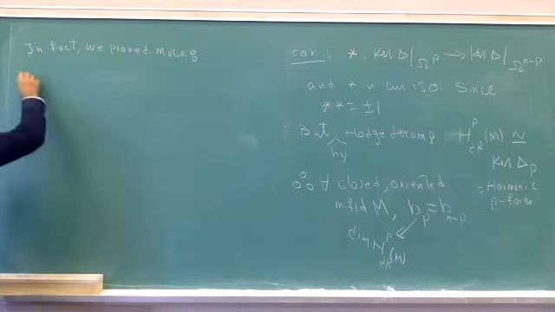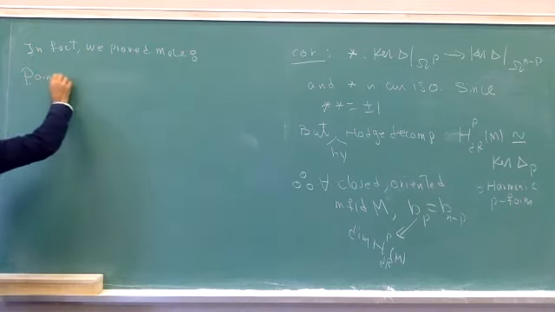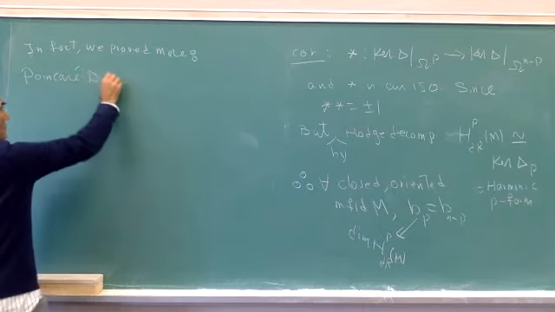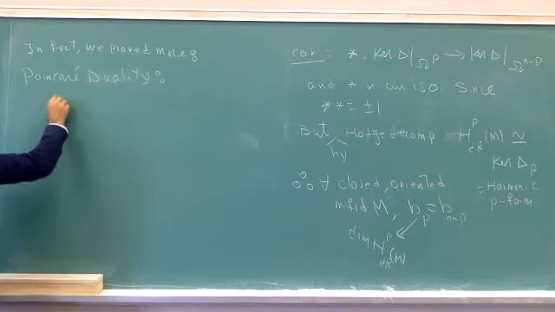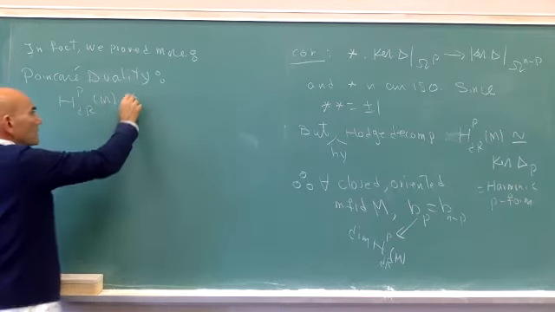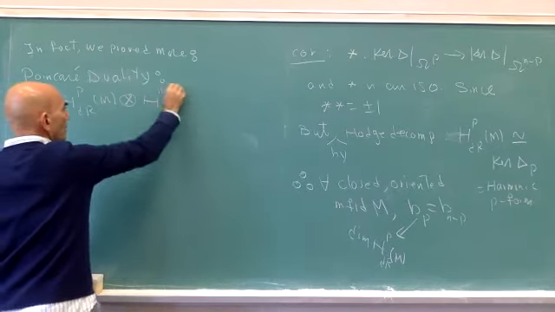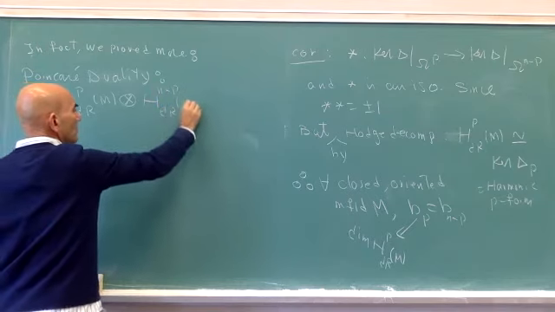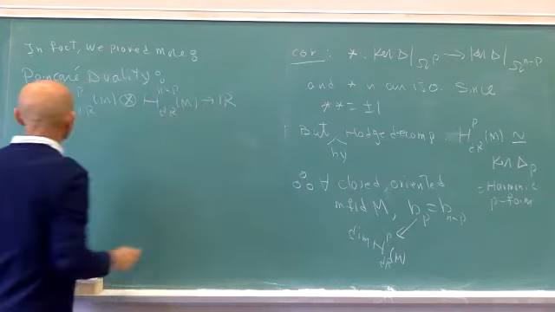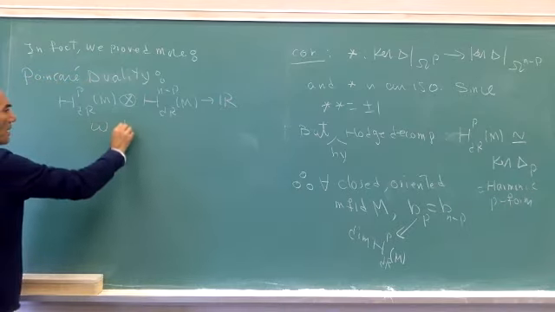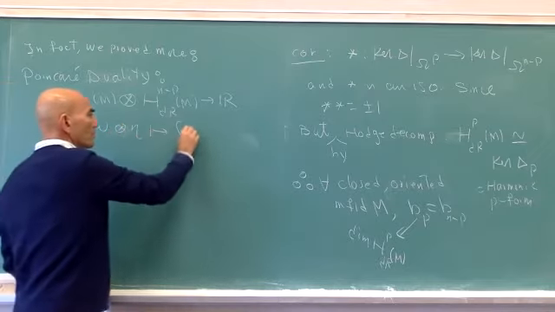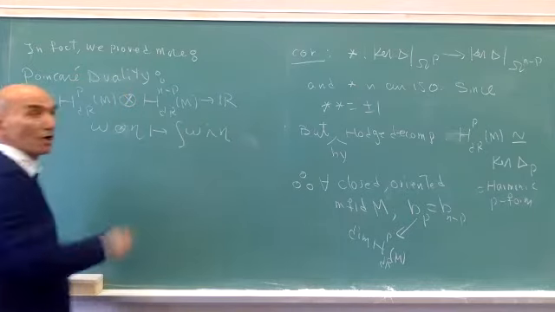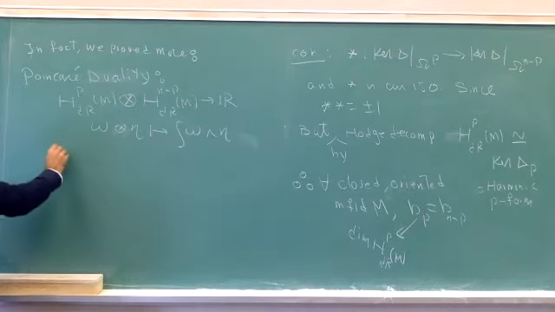Poincare duality says that this intersection pairing from H^p de Rham tensor H^{n minus p} de Rham of M to R, which sends omega and eta to the integral of omega wedge eta, is a non-degenerate pairing.